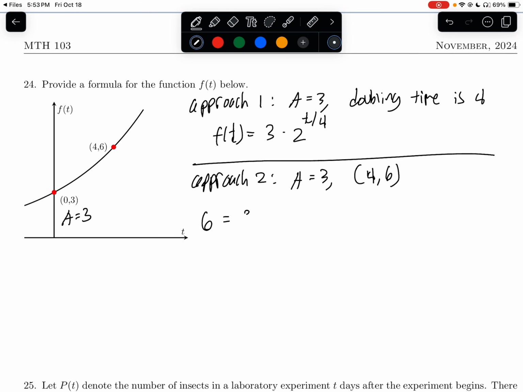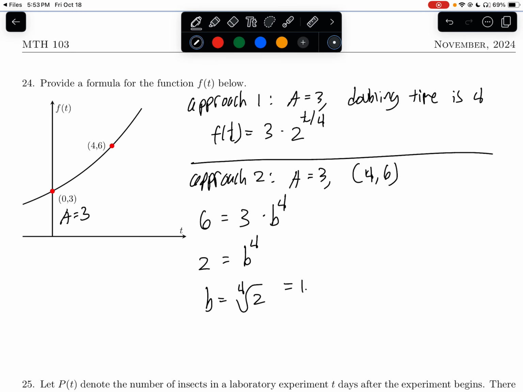So I can plug it in to the function here, where I don't know what the growth factor, the base, is. If I divide by 3, I get 2 equals b to the 4th, and so b is the 4th root of 2. We only want the positive one here, and this is about 1.1892. So then the function is 3 times 1.1892 to the power t.